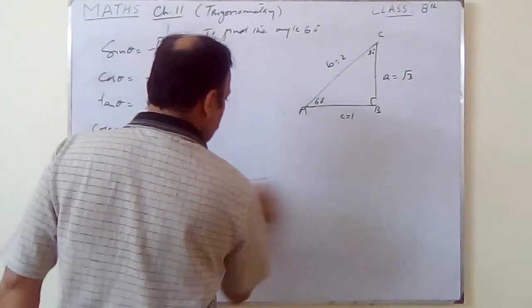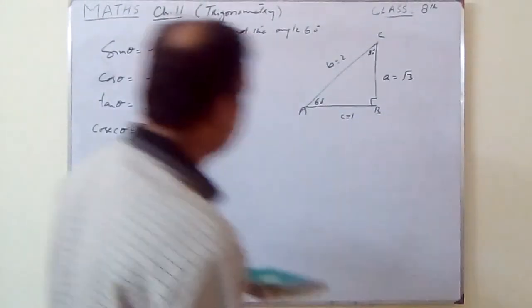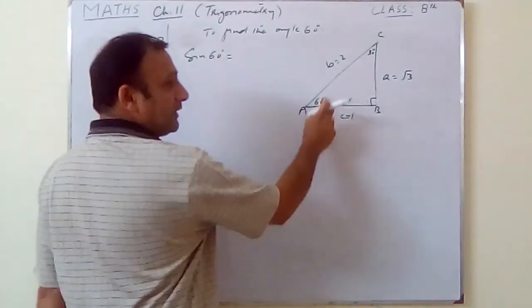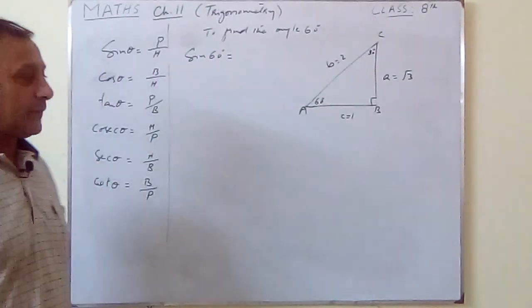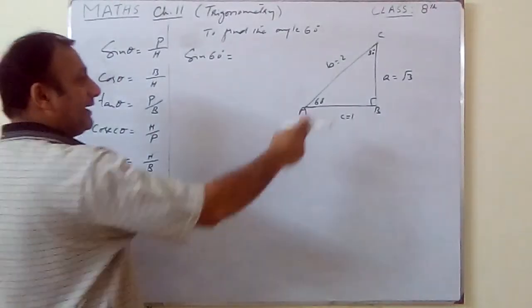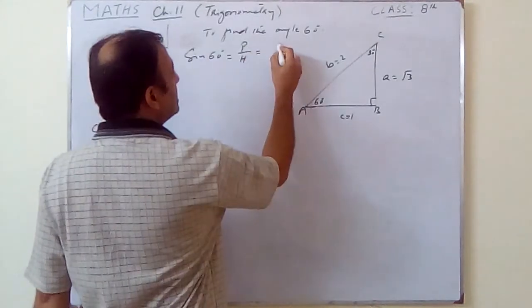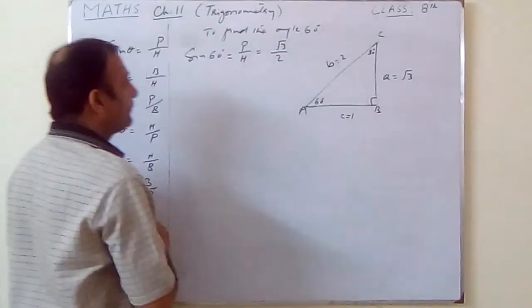Quickly I try to tell you that sine 60 is perpendicular over hypotenuse, that is square root of 3 divided by 2.